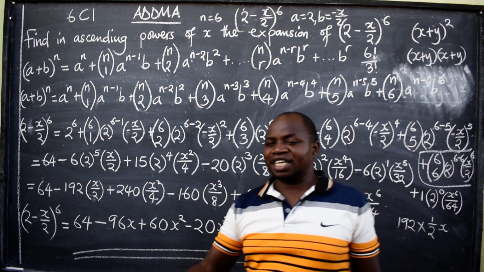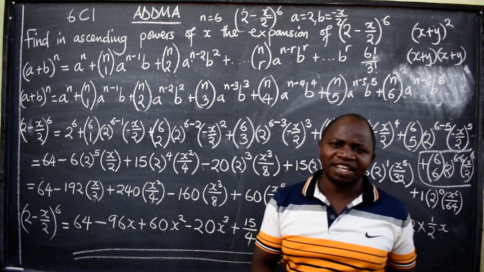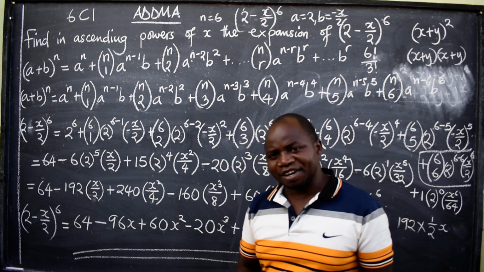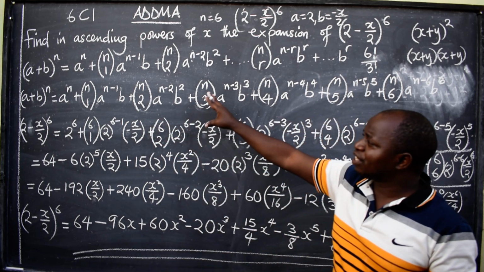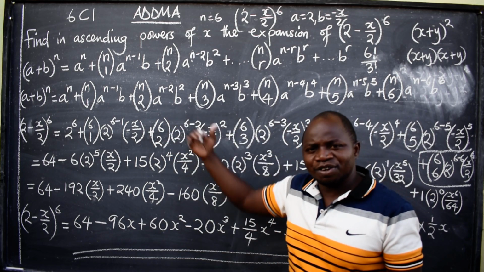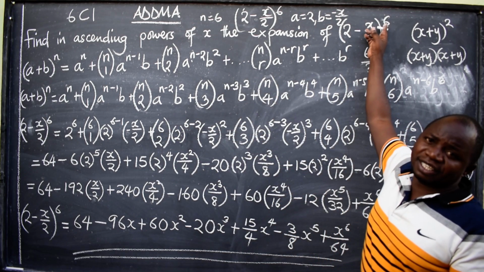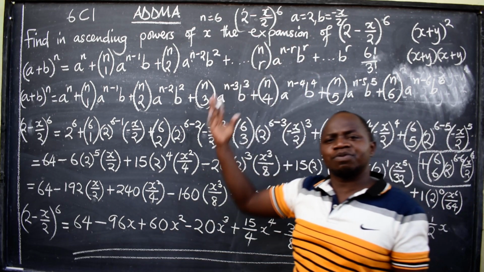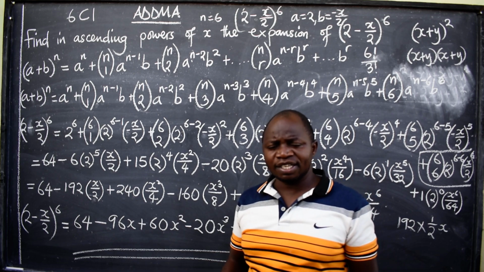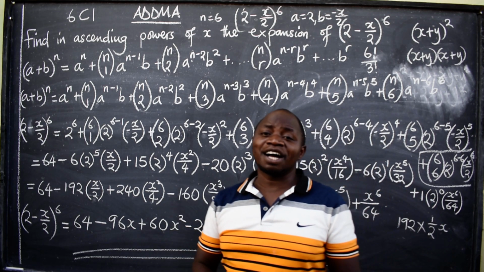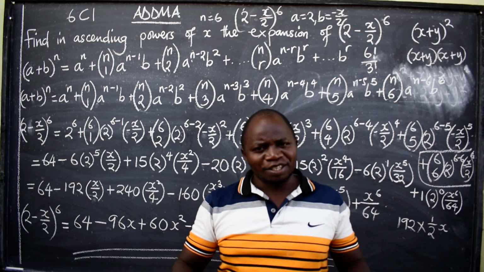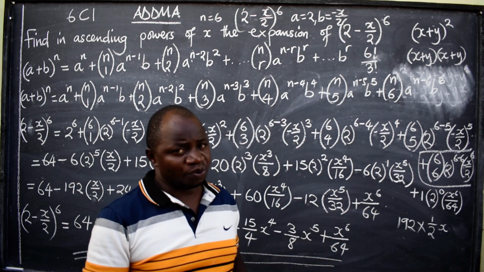We have another alternative of using the Pascal's triangle. And remember, this requires a lot of accuracy because this was just to the power 6. Now imagine if it was to the power 24. So we'll be able to look at how you can use the Pascal's triangle in such situation.